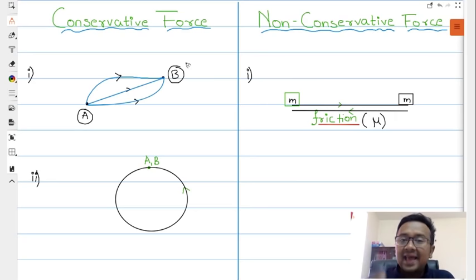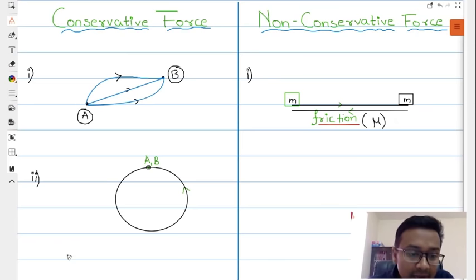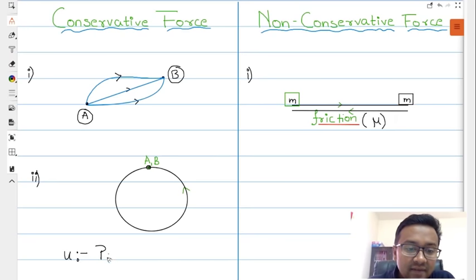The second property is that the work done in a round trip is equal to zero. As a result, potential energy is defined for a conservative force field.